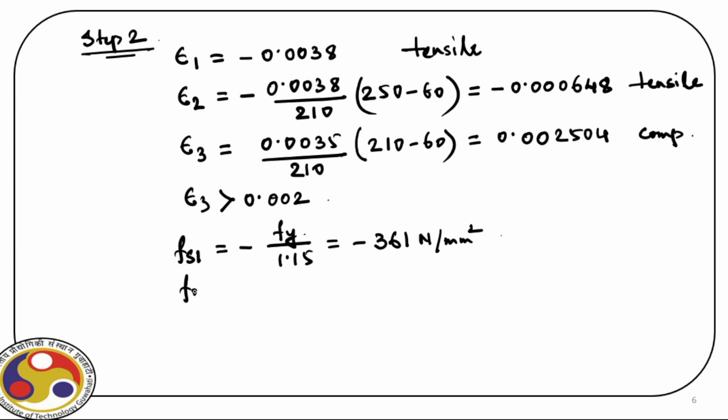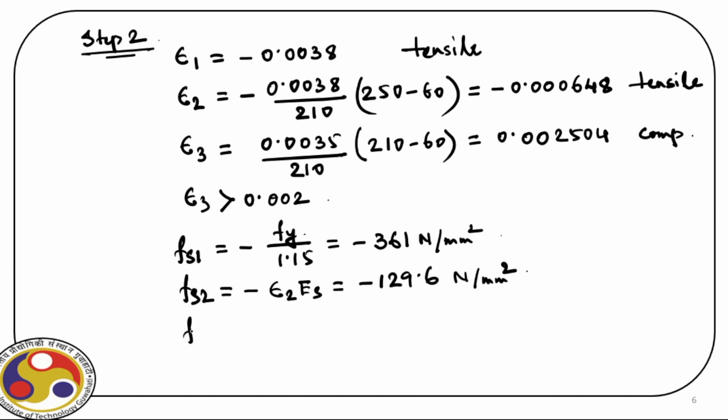Similarly, for fS2, but this time it is in the linear zone, so we have epsilon 2 times Es, and for this one it is minus 129.6 Newton per millimeter square.